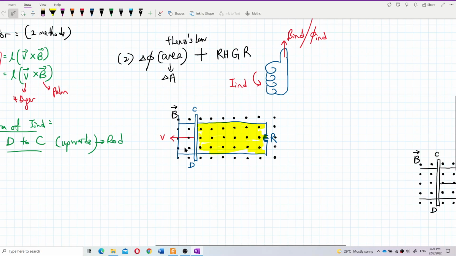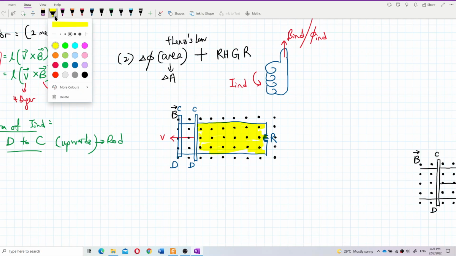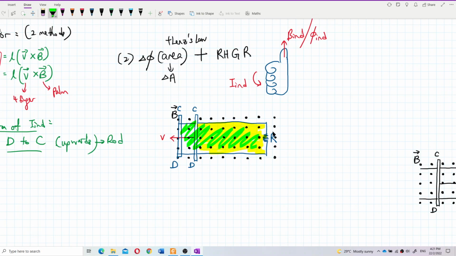Now, if CD goes to the left, maybe goes to here, what happened to the area? Does it become bigger or smaller? It becomes bigger. Now it has more area. See that? More area, isn't it?